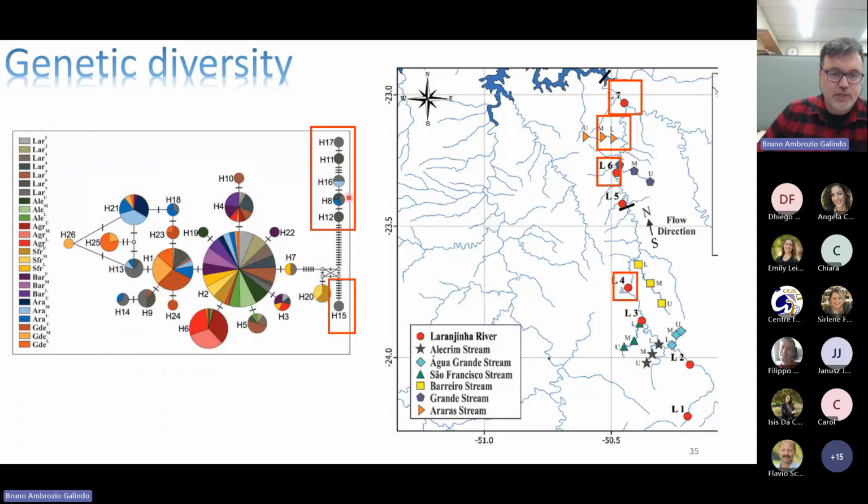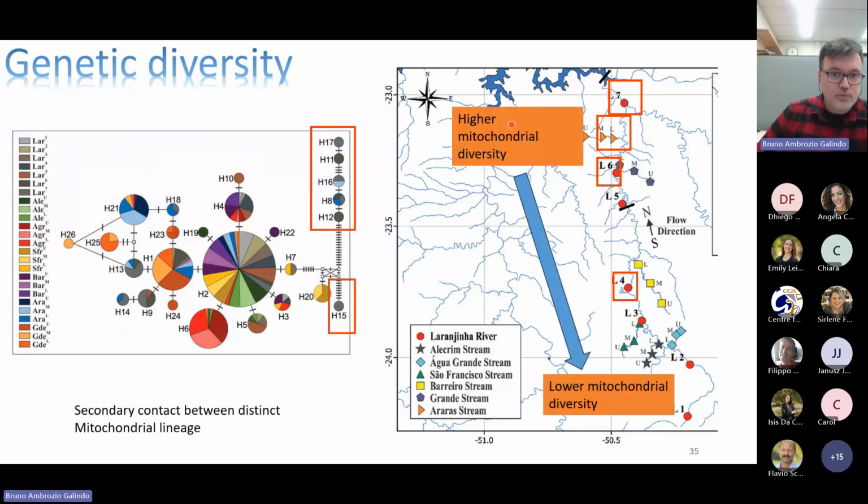So for sure, this is another lineage. So this is one area of secondary contact between two lineages of mitochondrial haplotypes.